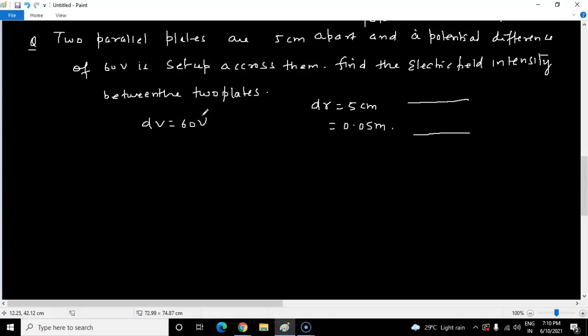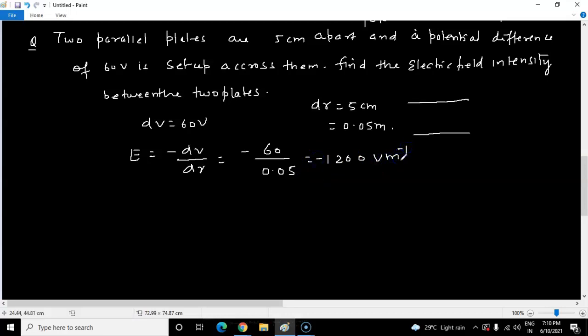Getting? Yes, sir. So we need to find the electric field intensity. So E is equal to minus dV by dr, right? So I write minus 60 by 0.05, that will become 1200, right? Yes, sir. That is volt per meter.